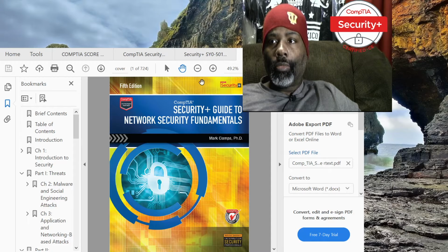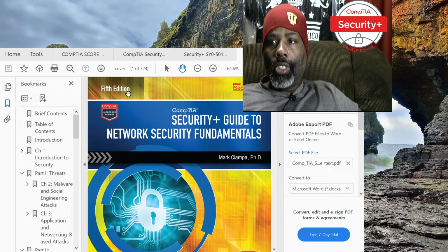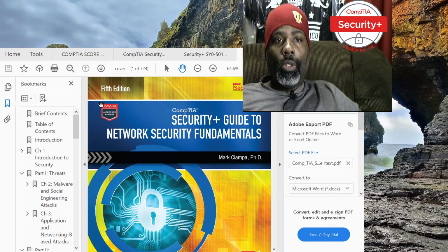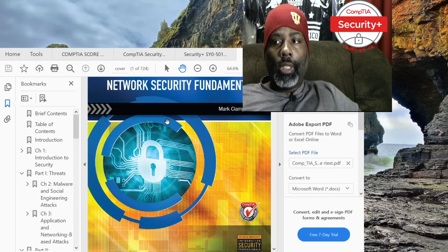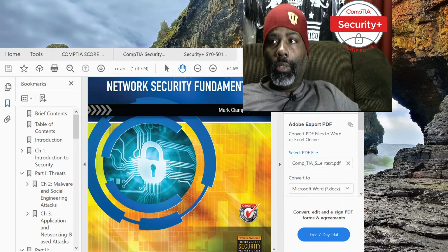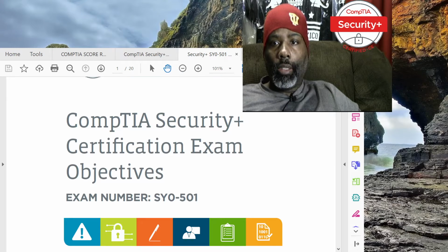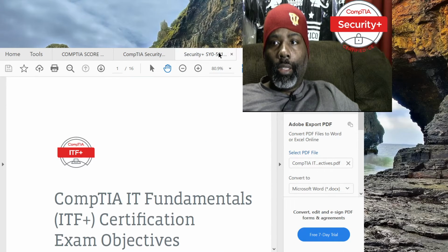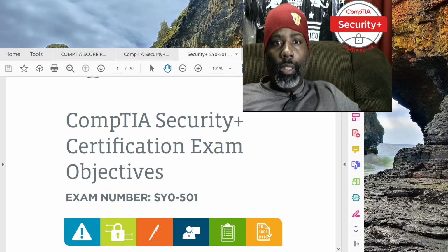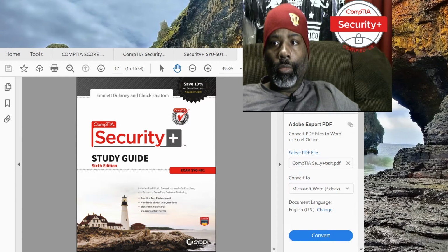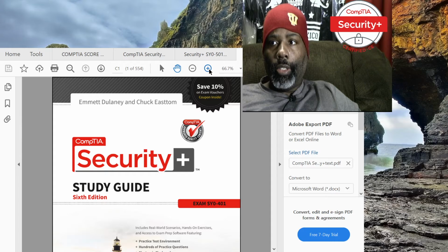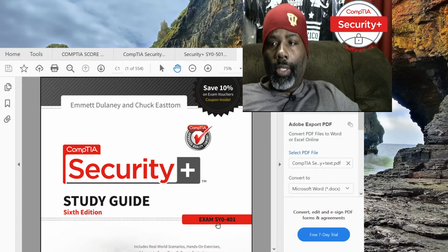With your books, see right here where it says 5th edition? When you go on Amazon or wherever you buy your books, make sure you're using the most current edition of the book you're studying. I'll give you an example of why. These books here, like this book right here, see that right there?